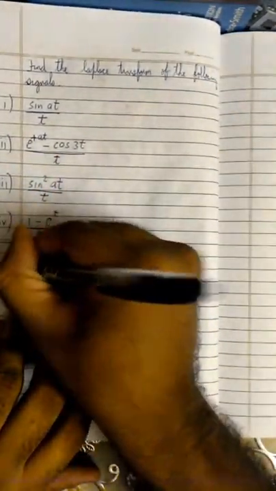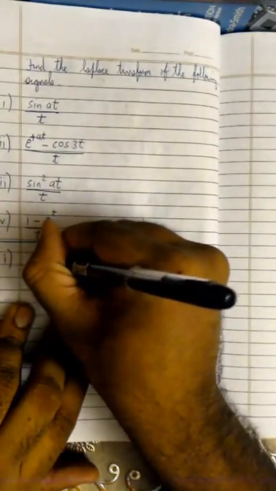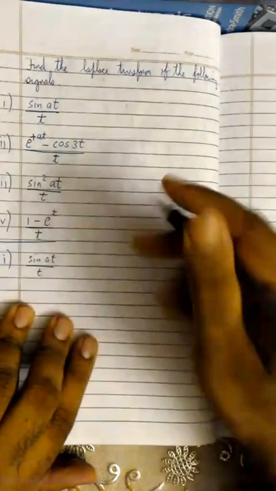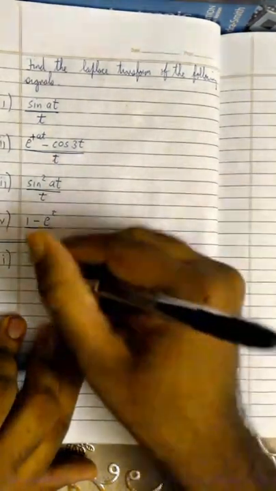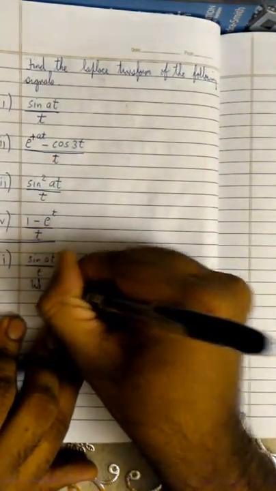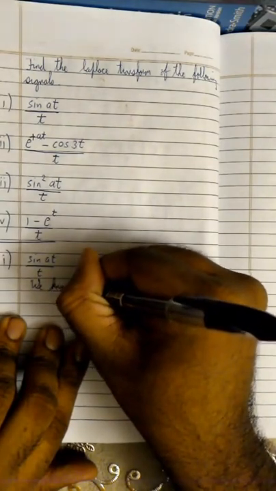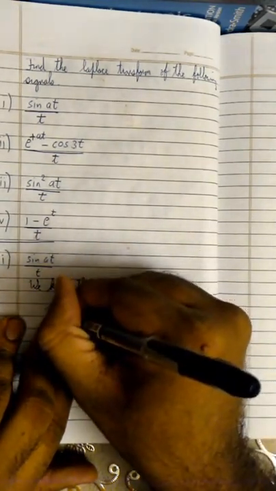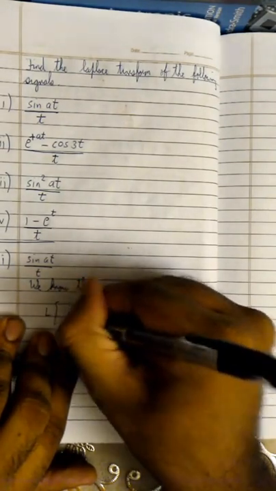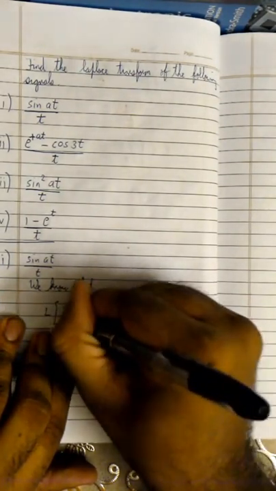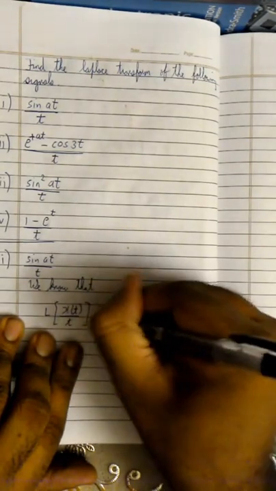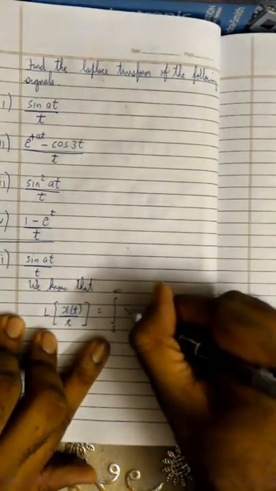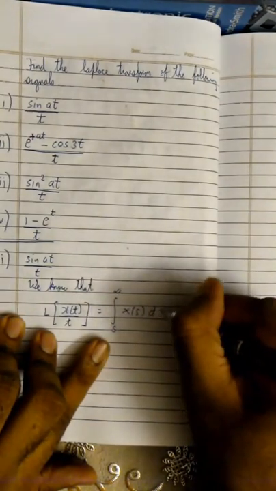So let's do the first question, sine at by t. You are going to find the Laplace transform of this. I'm going to write my property. We know that the Laplace transform of x of t by t is equal to the integral from s to infinity of X of s ds.